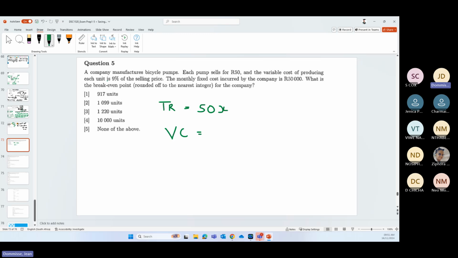Variable cost of producing each unit is 9% of the selling price.